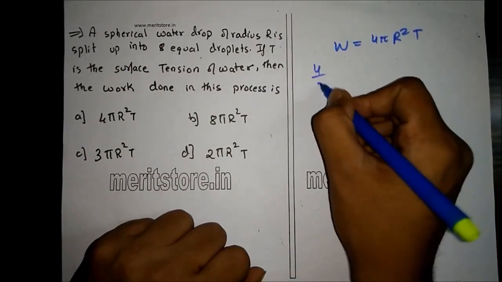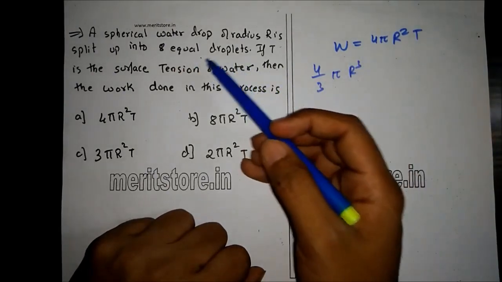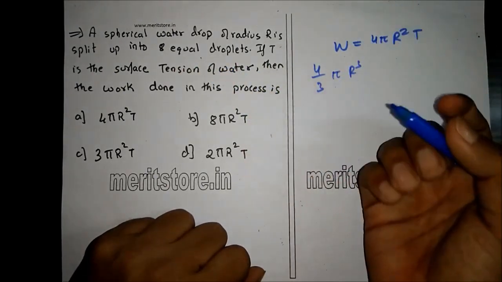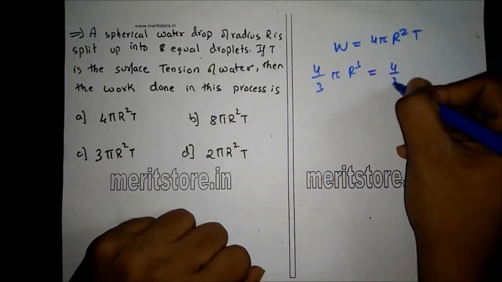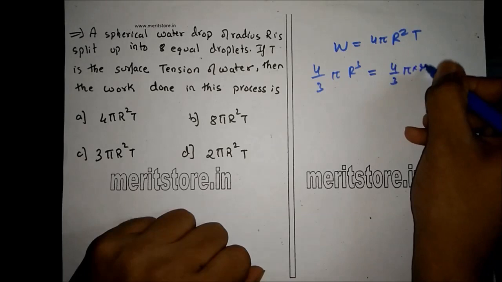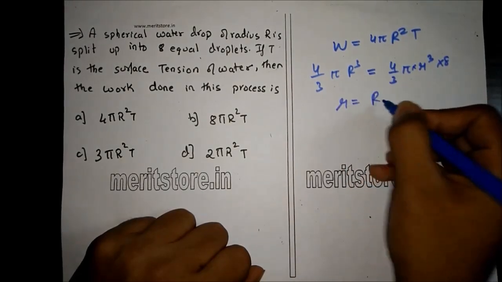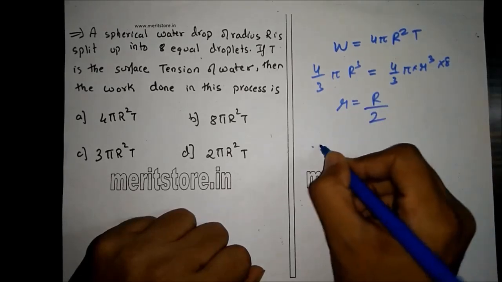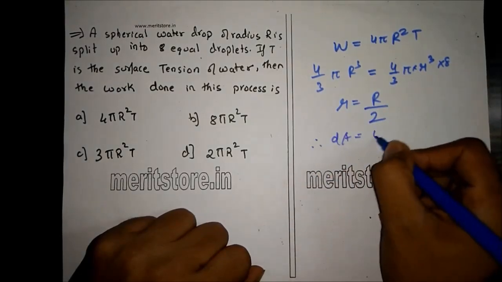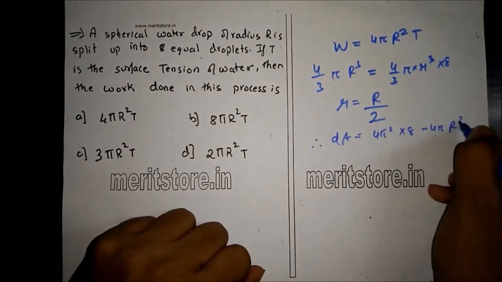Since the volume is 4 by 3 pi R cube and it is split up into 8 equal droplets, let's take that the droplets have a small radius r. Therefore, 4 by 3 pi r cube into 8, so the small r will be equal to the original water droplet's radius upon 2. Therefore, the change in the area dA will be given by 4 pi r square into 8 minus 4 pi into capital R square.